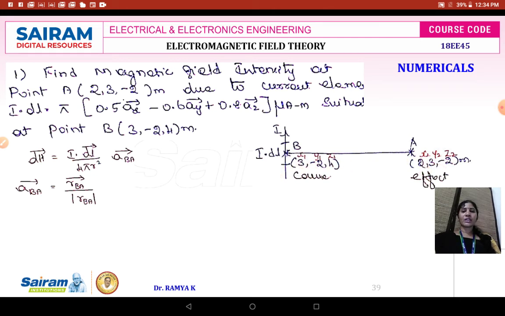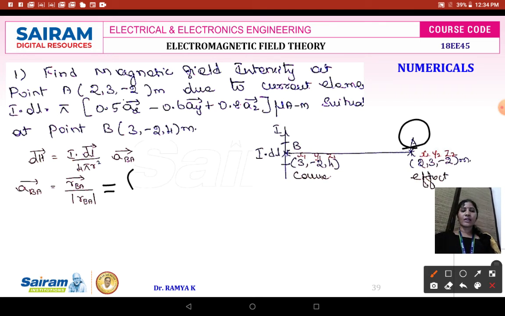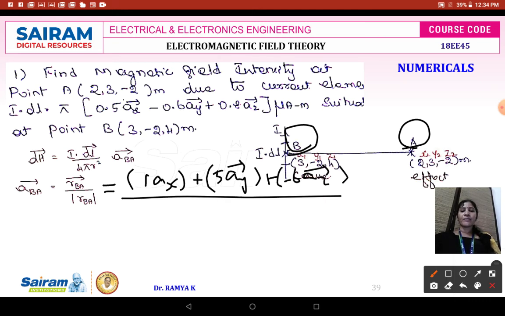The distance vector R_BA is the effect position minus the cause position, so A minus B: 2 minus 3 is -1 ax, plus 3 minus of minus 2 is 5 ay, plus minus 2 minus 4 is minus 6 az, the whole divided by root of 1 square plus 5 square plus minus 6 square.